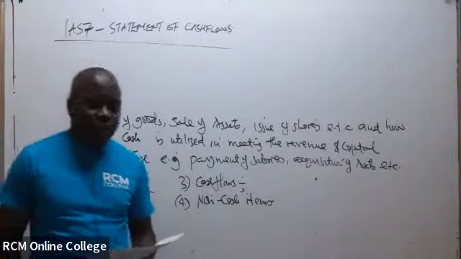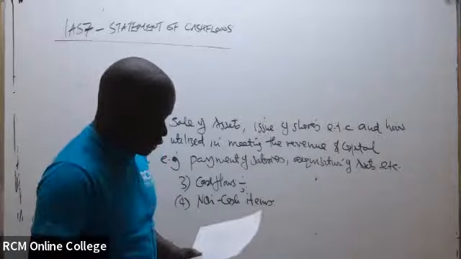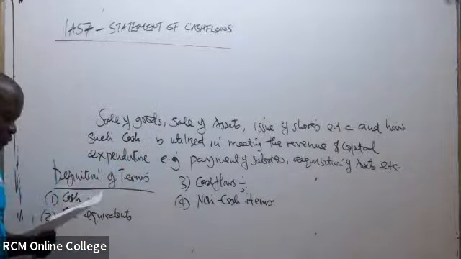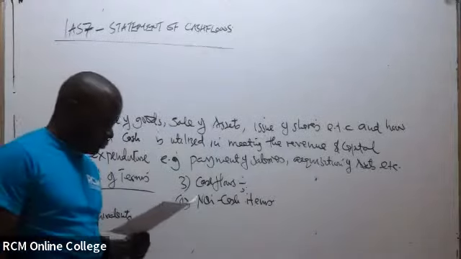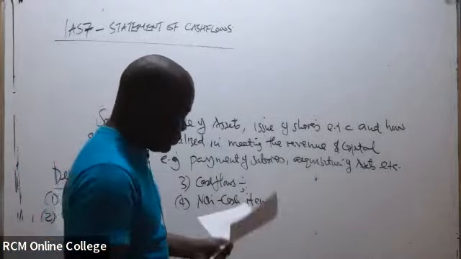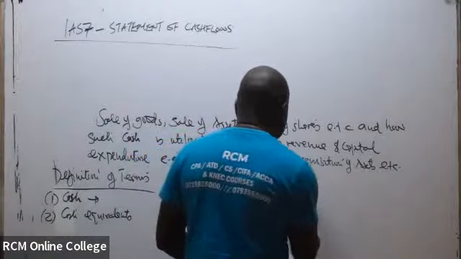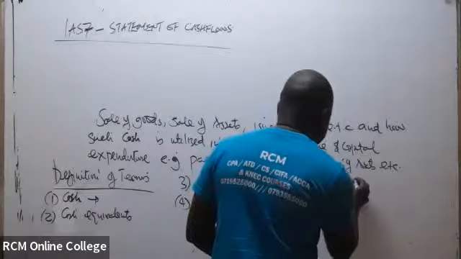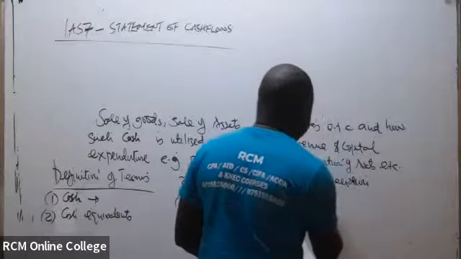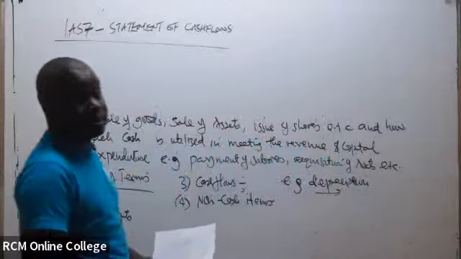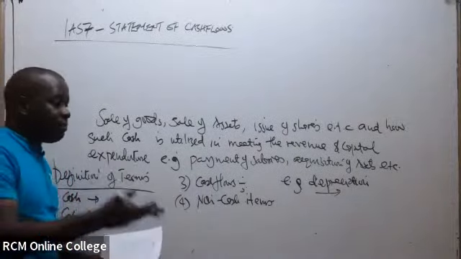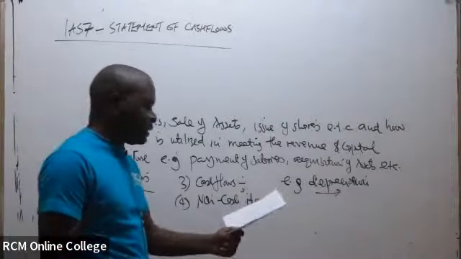For example, depreciation. You normally recognize it as an expense, but ideally, there's no money that has gone out of the business. It's just the loss of value of an asset, but you haven't paid any money out. So in this case, it's a non-cash item.